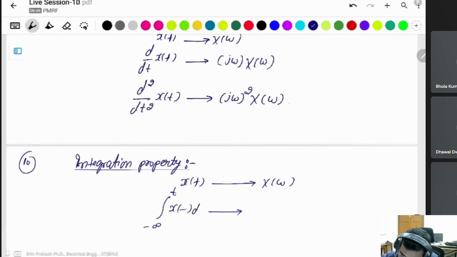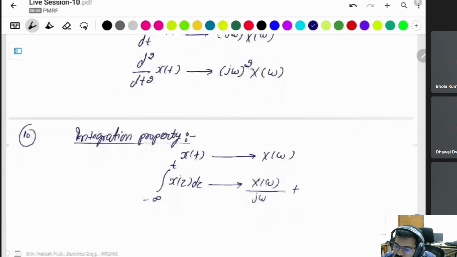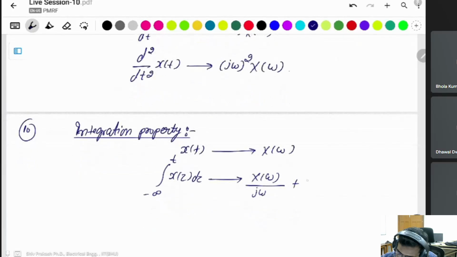We can replace this with another variable, tau. This will be x omega divided by j omega, same thing, if integration is there then division by j omega, plus some initial condition, initial value also is there. That's why this will be pi delta omega times the value at 0. This is the initial condition, plus the value of that function at 0.